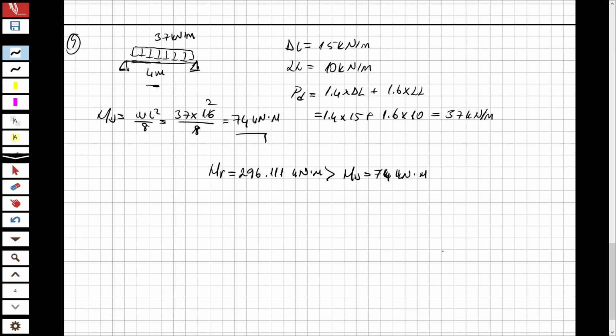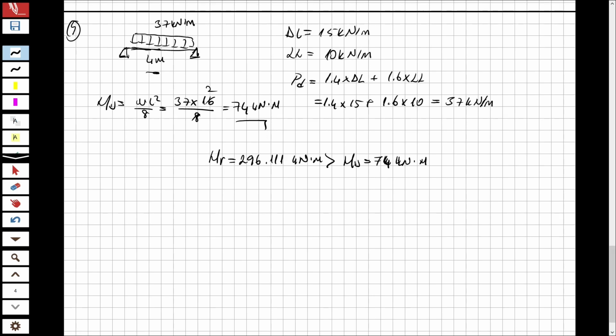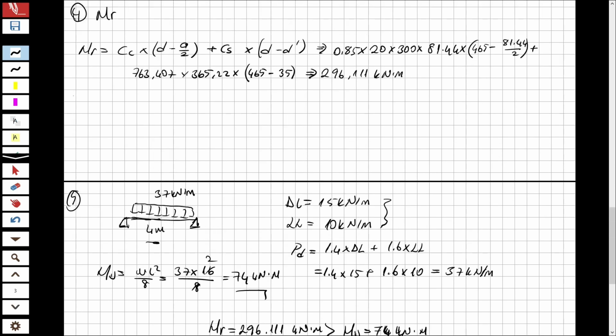So if the MR is greater than MU, the ultimate moment, then this section is okay, it can carry this load. Okay, can carry this load. So the design is okay. Now the question is solved.